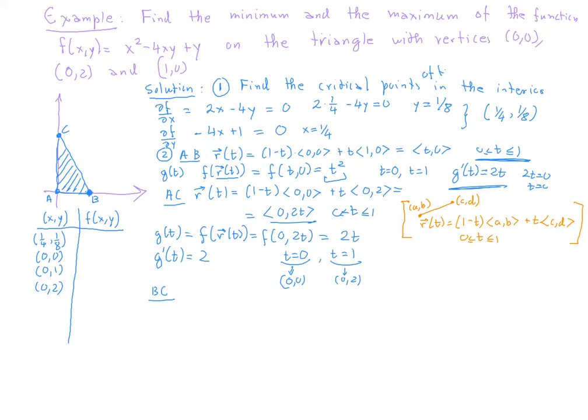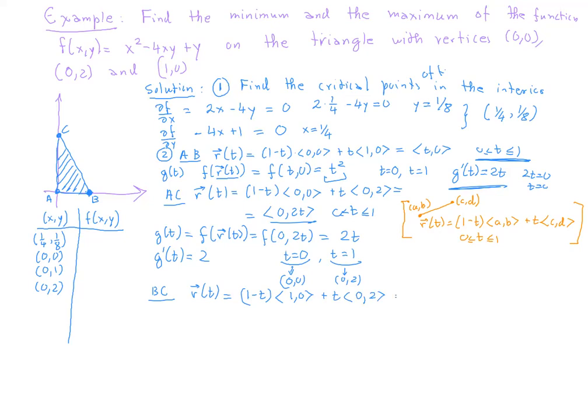So we have R of t. As before, it's going to be equal to 1 minus t times, let's start with 1, 0, point on the x-axis, plus t times 0, 2.